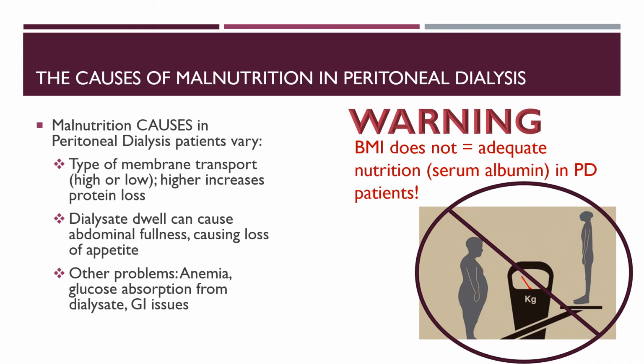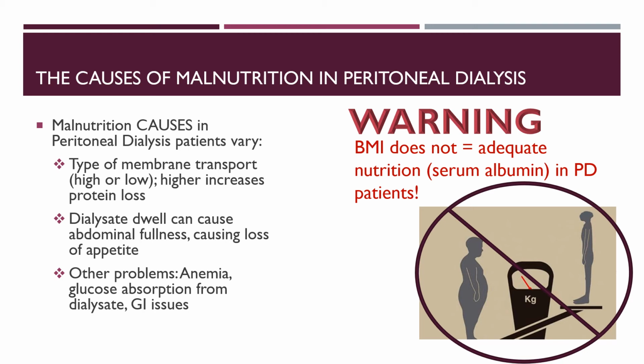Other problems that may cause low albumin in PD patients are anemia, glucose absorption from the dialysate, various GI issues. In general, there's a list of comorbidities that can cause these problems for these patients. And as stated in the previous slides, a warning to nurses and healthcare professionals.